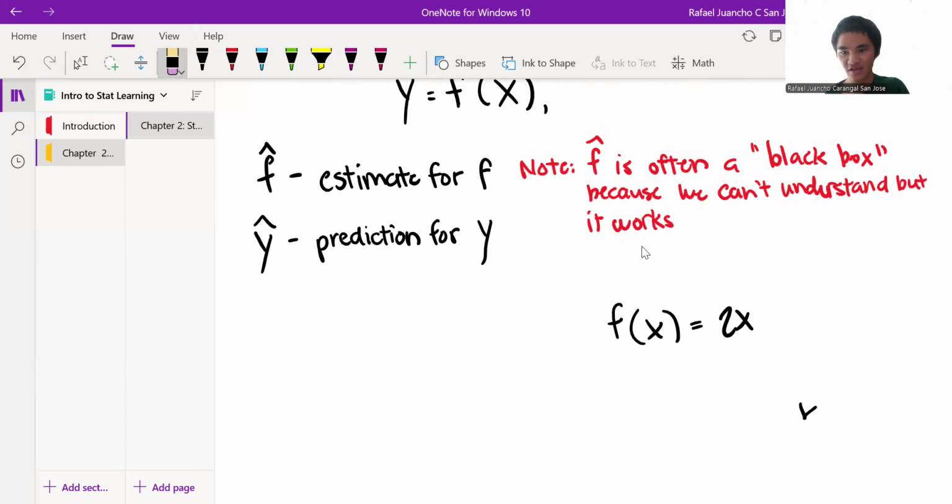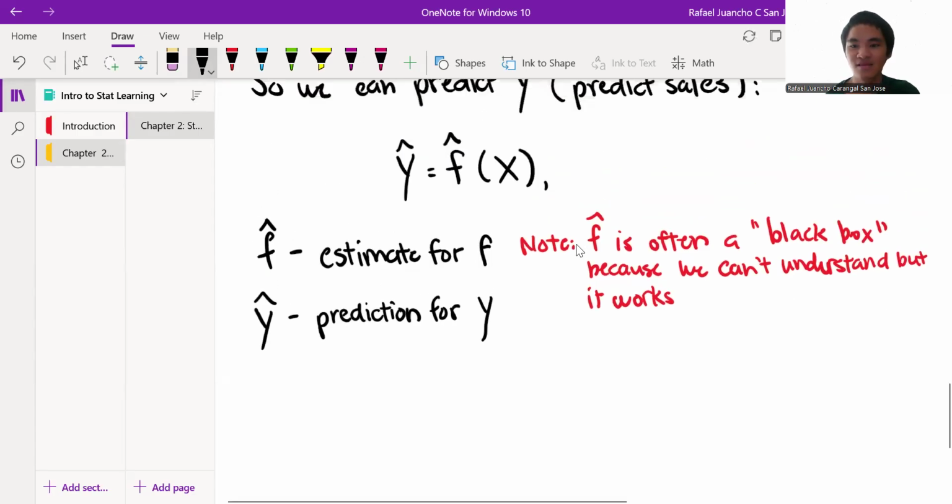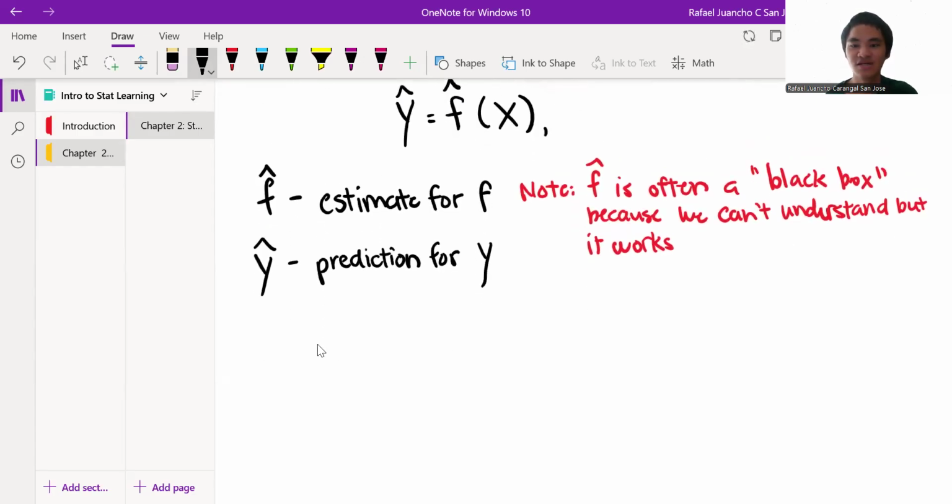It's something that we cannot understand how it works underneath the hood. Often it really depends on the data, right? So we cannot fully understand how this works, but it does yield accurate predictions for Y.